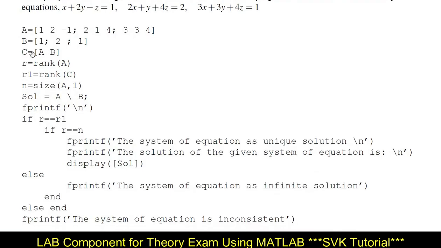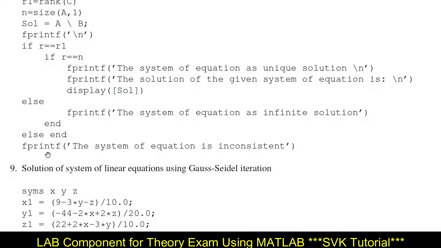Write down what is A, B, C, then find the rank of C, define the size of the matrix, then find the solution as I have explained in the previous problem, that is A divides B, then go with fprintf, then go with the if else condition, then go with the solution here, that is fprintf. The system of equations is inconsistent. For this problem it is inconsistent. This is the way to write the program for the consistency problem.